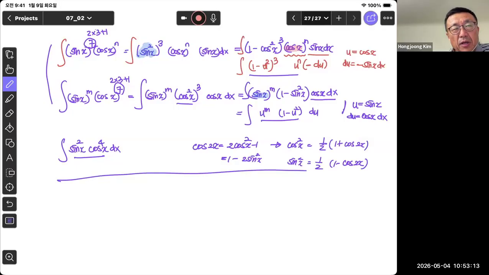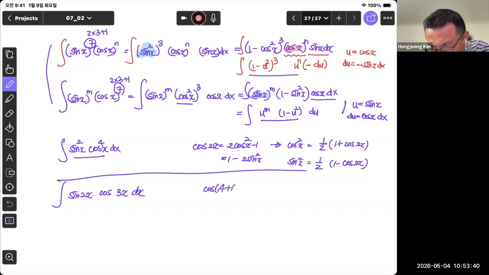But if the angles are different, say if I consider sine 2x multiplied by cosine 3x, then you need to split. Okay? And cosine A plus B equals cosine A cosine B minus sine, oops, not this one.